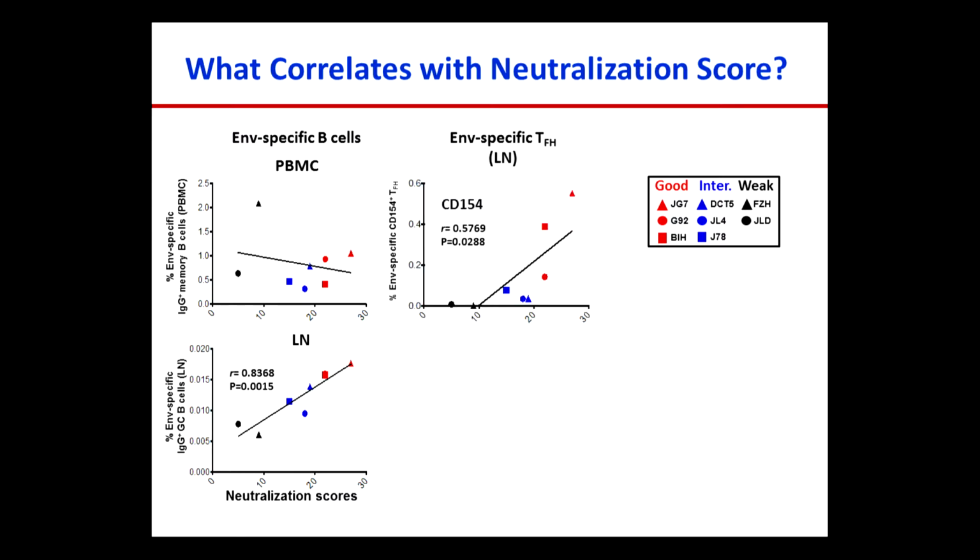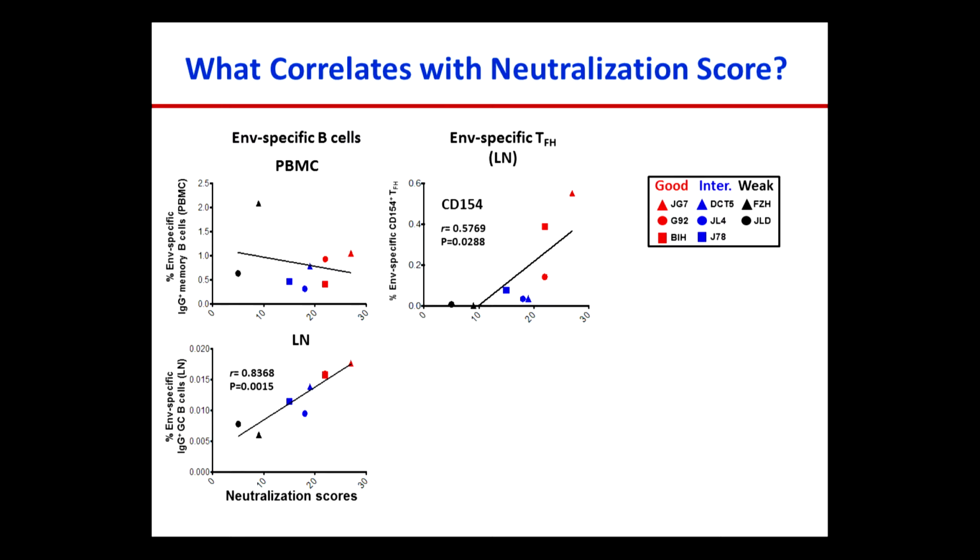What about T follicular helper cells? As I mentioned, one of the best cytokines to look at is IL-21. Unfortunately, it's very difficult to measure IL-21 after stimulation. So what we did is we looked at mobilization of CD154, or CD40 ligand. What you see is a reasonable correlation after stimulation with envelope peptides between envelope-specific T follicular helper cells by CD154 and neutralization score.